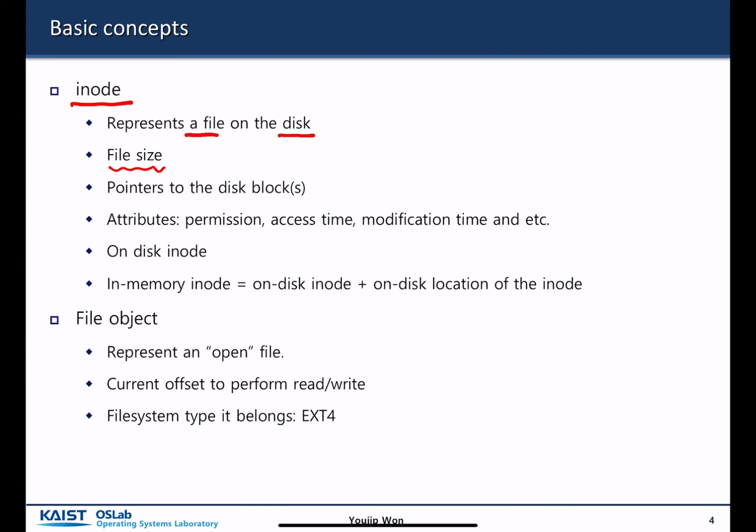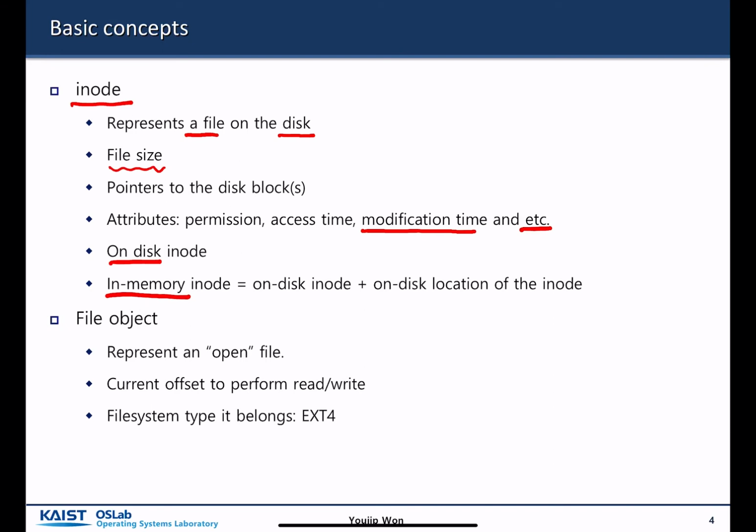And also, it contains the permission, the time it was last accessed, the most recent modification time, etc. There are 2 types of inode. There are the on-disk inode and the in-memory inode.